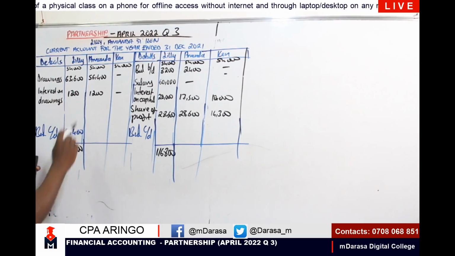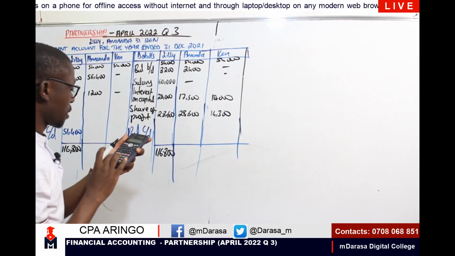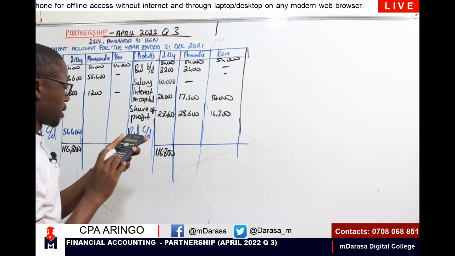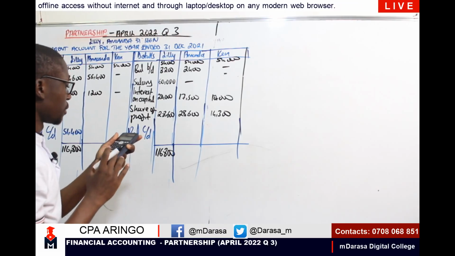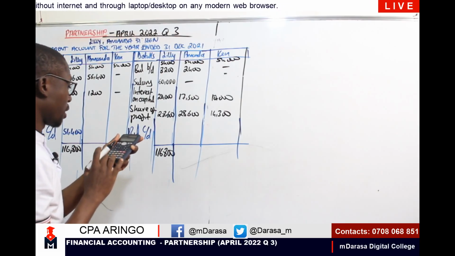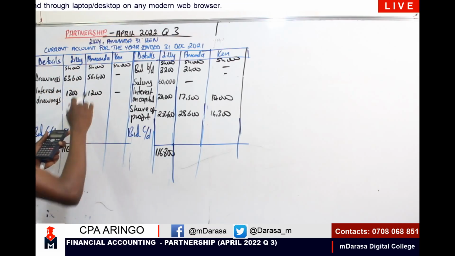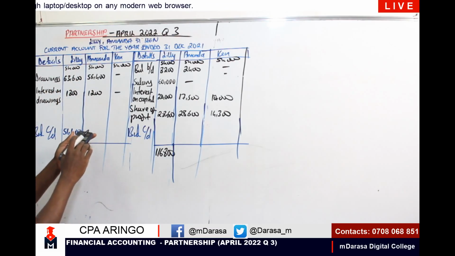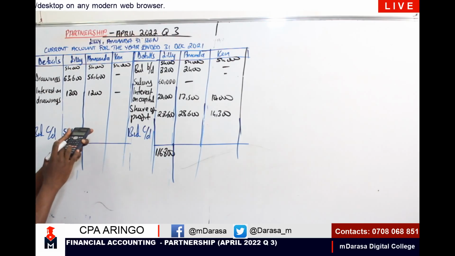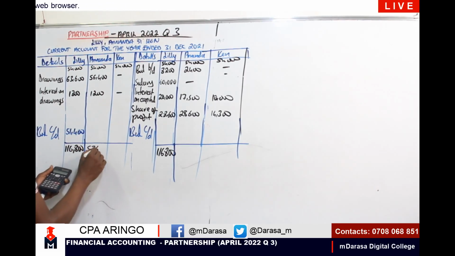So therefore, this should give us 116,800. Amanda: 2,400 plus 17,500 plus 28,600 minus 56,400 minus 1,200. So that is to say that the debit side is more, 56,400 plus 1,200 to give us 57,600.